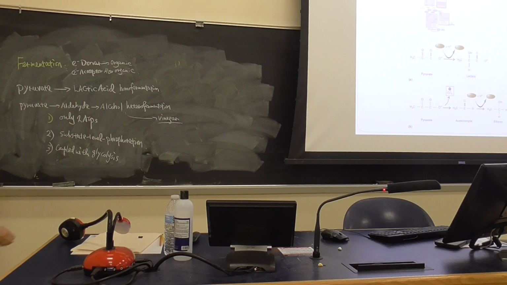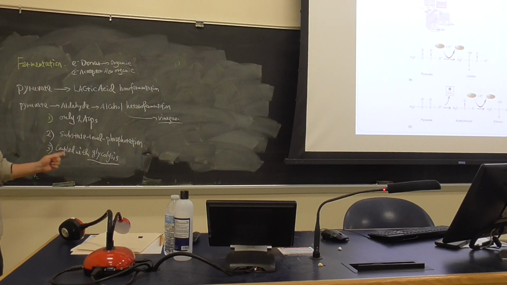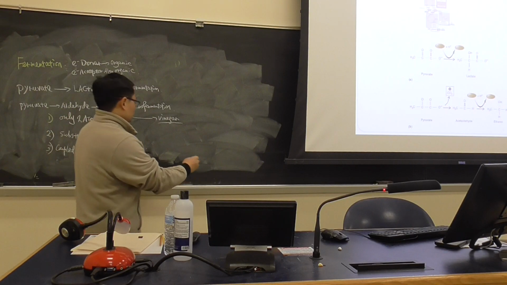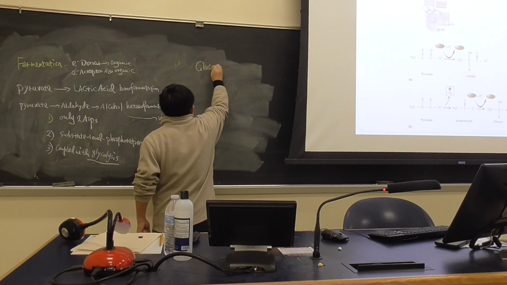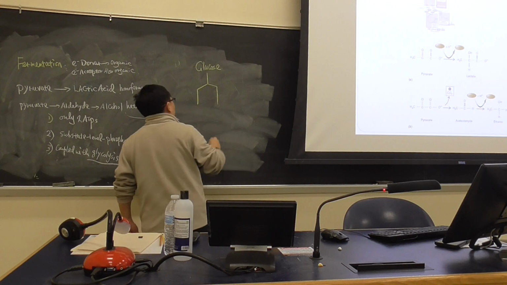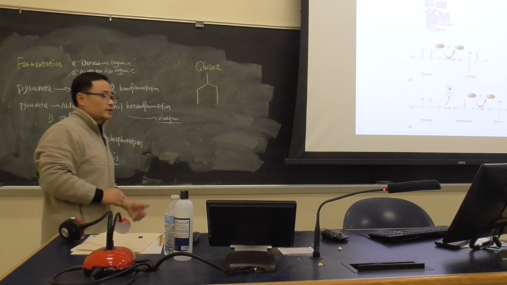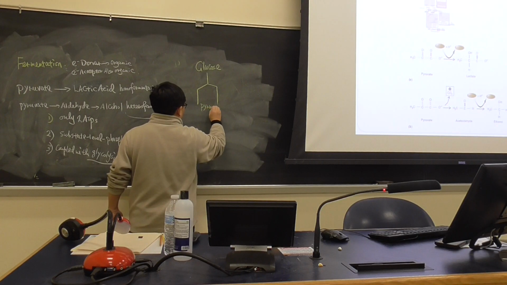So for the things we talk about here, we need to mention what we're going to say. We have a glucose. We go through a reaction, which is a branch reaction, and generate a product called pyruvate.